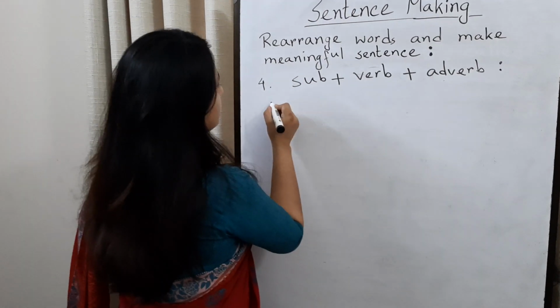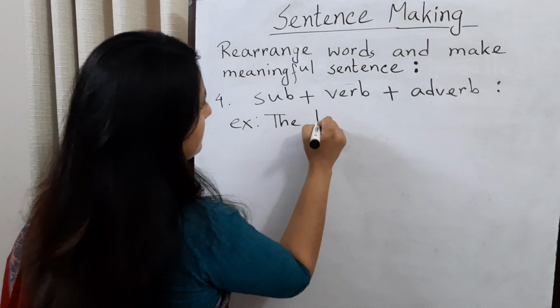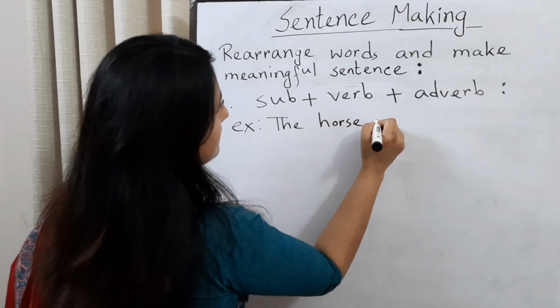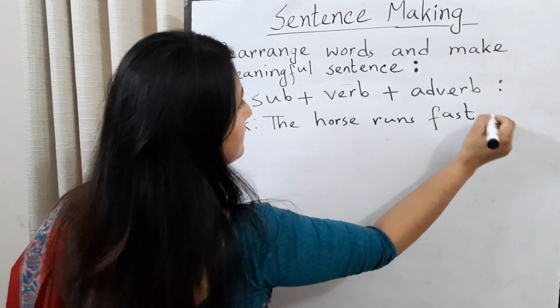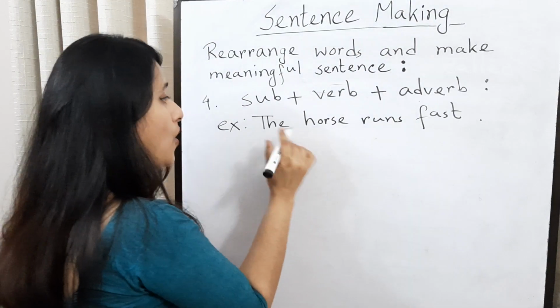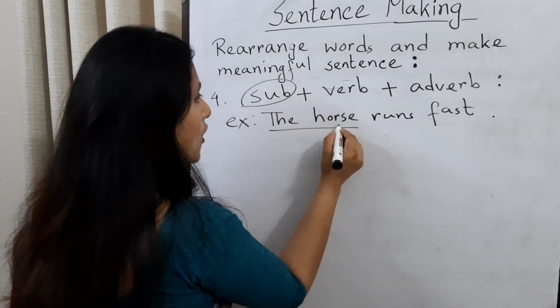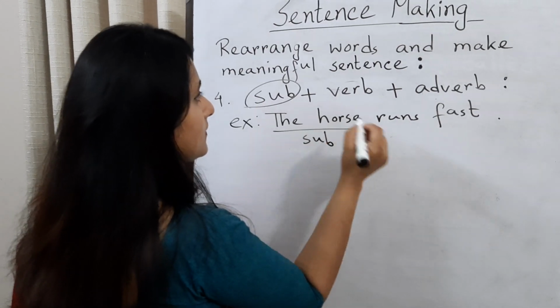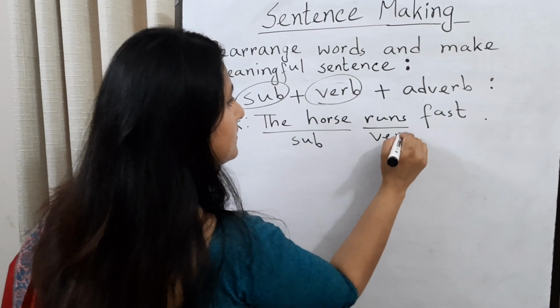See the example. Here we are talking about the horse. So your subject is the horse. Here the verb is runs.